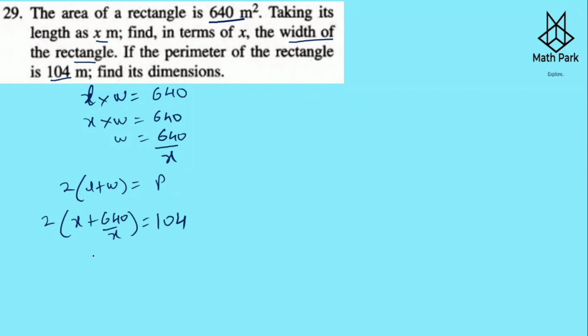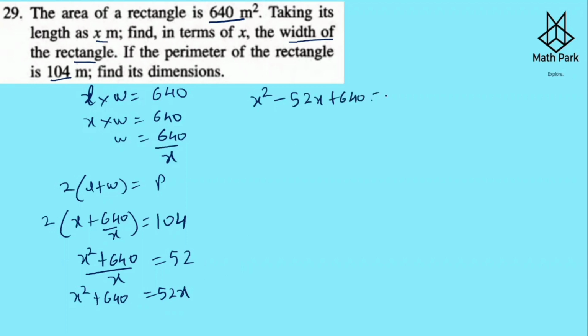So if we simplify this, you get x into x is x square plus 640 divided by x is equal to 2 goes here, it is 52. So you get x square plus 640 is equal to 52x. So you get x square minus 52x plus 640 is equal to 0.